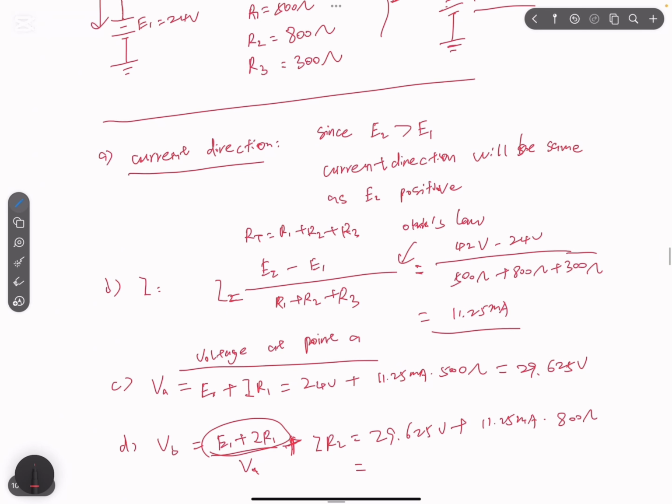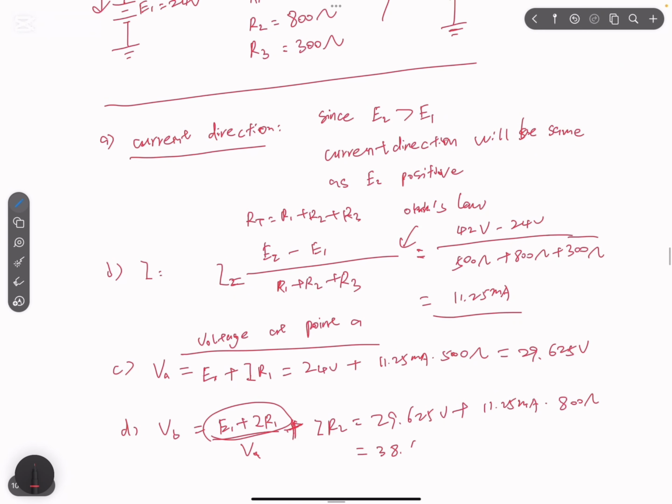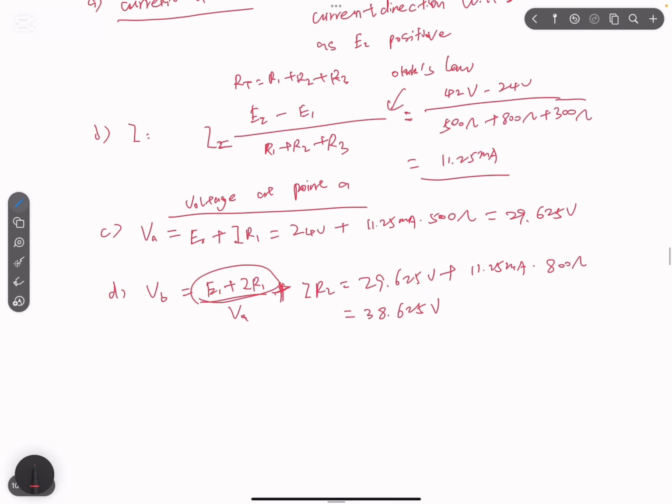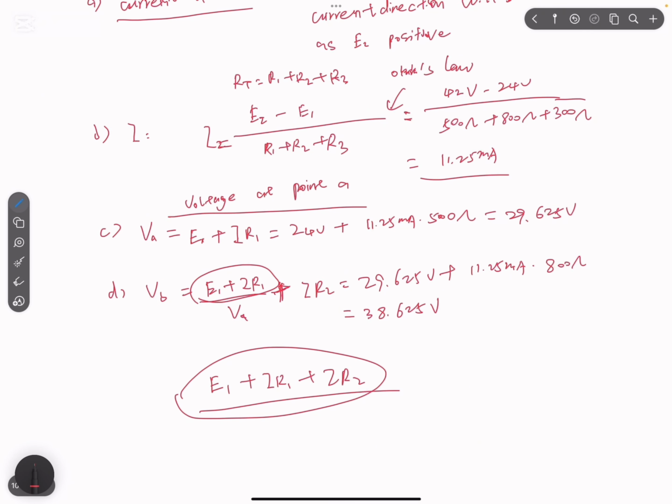That will give us 38.625 volts. So that's VB. Basically, we follow the current direction and find the voltage drop, so it'll be E1 plus IR1 plus IR2, or also VA plus IR2, the voltage drop on resistor R2.